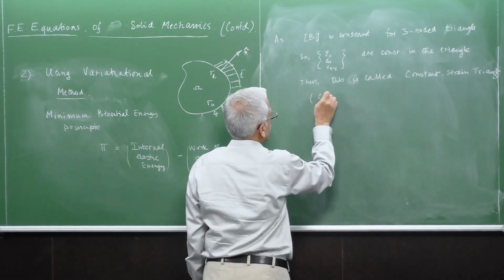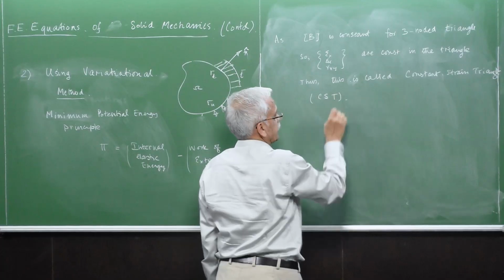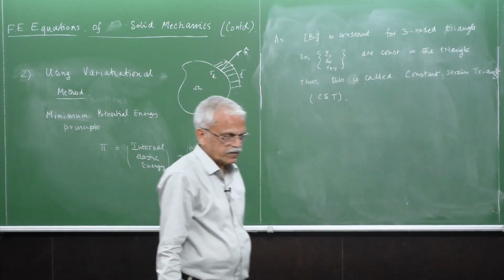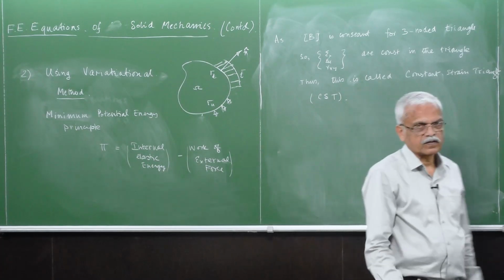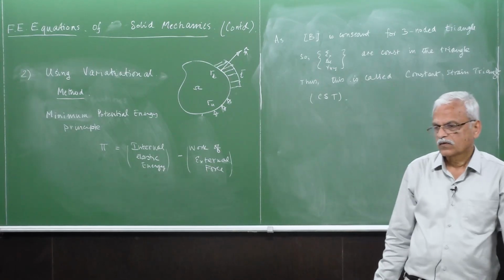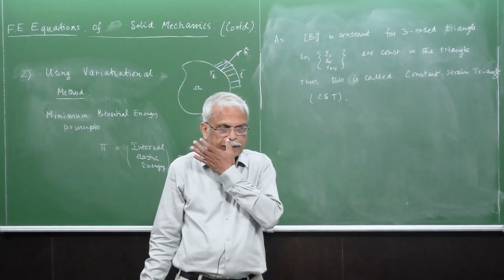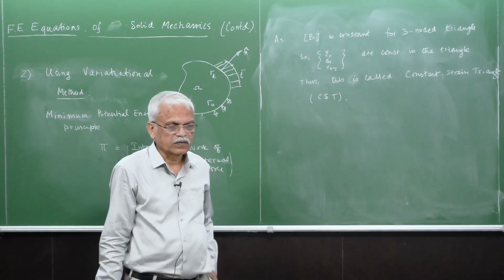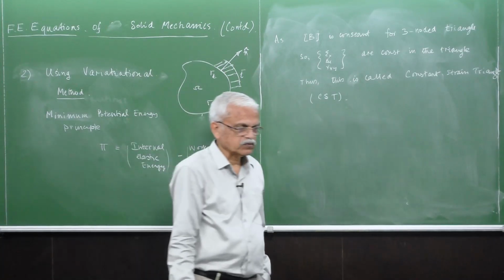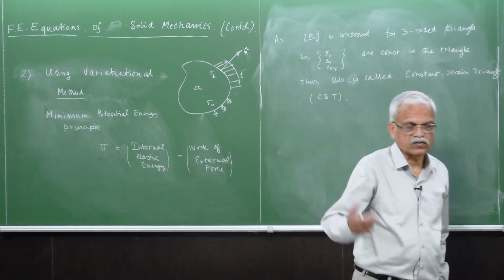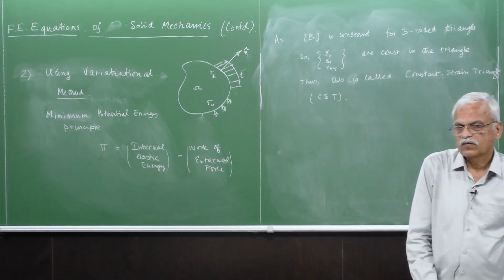CST is called a CST, essentially due to strain being constant anyway within the element. So this is true for the three-noded triangle. Okay. So tomorrow you might do some other type of element, a six-noded triangle, in which case this is not true.